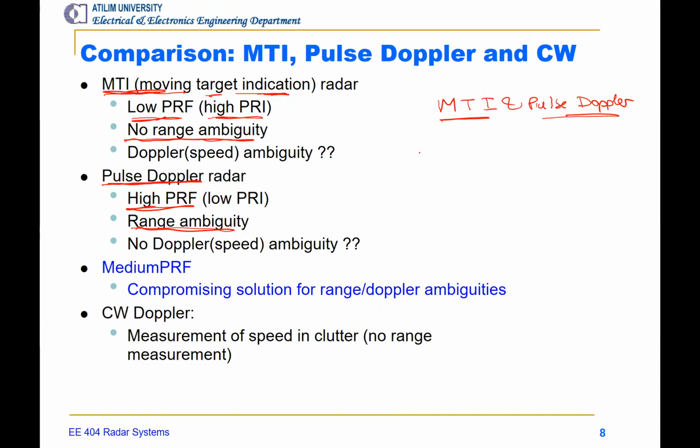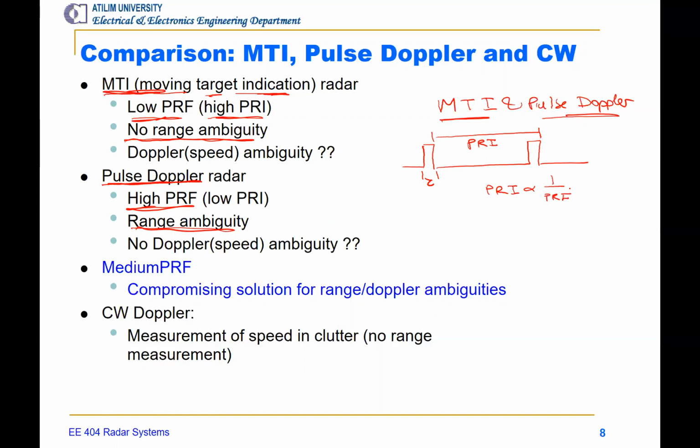Okay, let's go back to the first lesson and remember the PRI concept. This was a typical illustration that we have been using for the radar pulse train. Here is the duration of the pulse. We have the pulse repetition interval, PRI, and PRI was proportional to 1 over PRF.